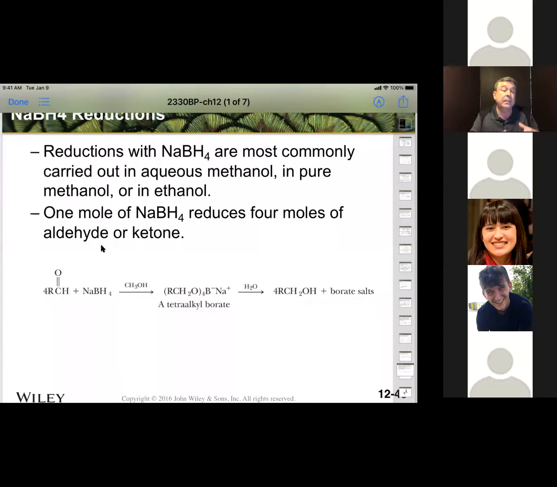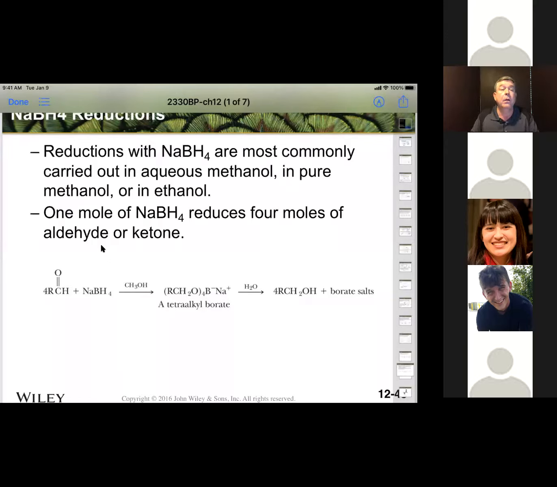And this complex is the one that actually is working to reduce down our material. We're going to have the hydride attack at the carbonyl, creating an alcohol. That alcohol then attaches itself to the boron. And then we have to clip it off with water at the end to make sure we get it to the alcohol.